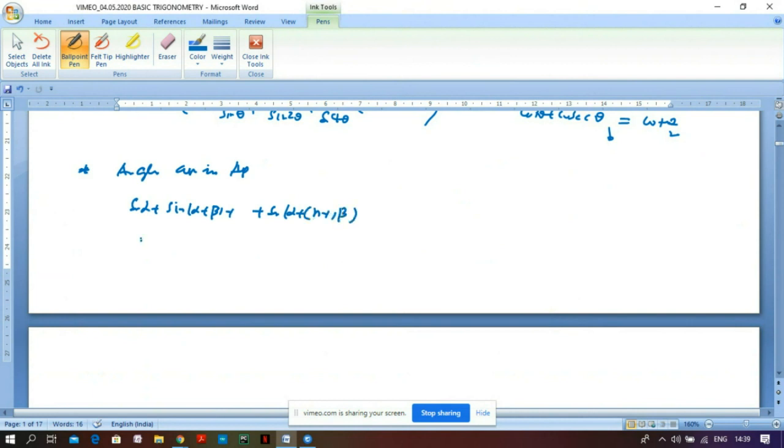Notice that alpha, alpha plus beta, up to alpha plus n minus 1 beta are all in AP with common difference beta. If you sum this series, it happens to be sine of n beta over 2 upon sine of beta over 2, times sine of alpha plus n minus 1 beta over 2.